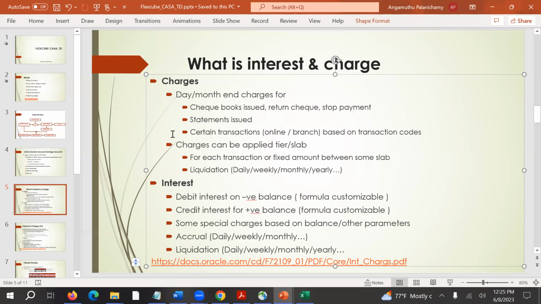Let's say he has done 6, 7, or 8 transactions, I will charge only 100. If he is exceeding 10, then I will charge 500. That's what we call slab and tier basis. Slab means if he is exceeding that, then I will apply charges on whatever exceeded. Tier means I will charge based on the number of transactions. I hope you understand the difference.